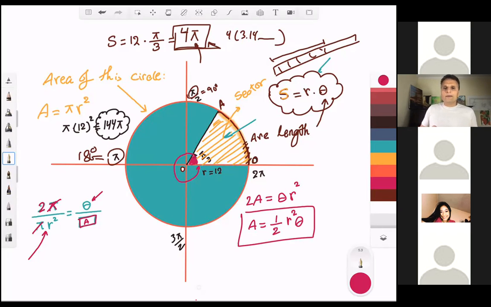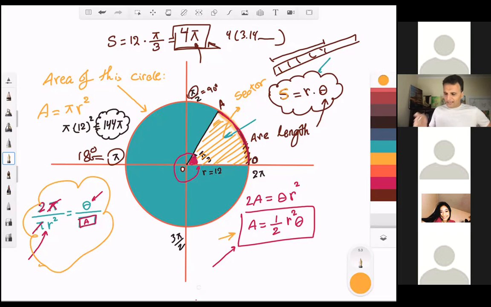So we got the formula. So what is this formula? This is the area of the sector. What is a sector? A sector means this is a portion of the circle. In this question, now that we have the formula and we don't need to do this anymore, A equals 1/2 r squared theta.